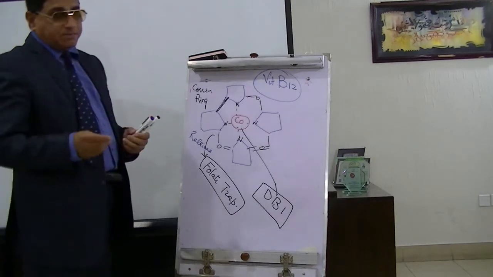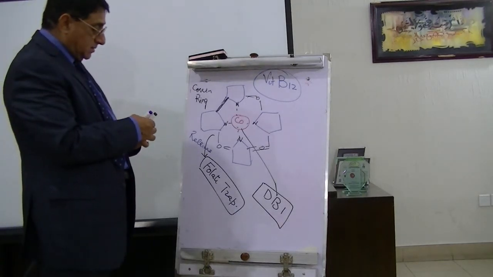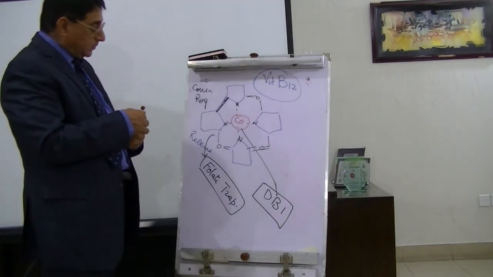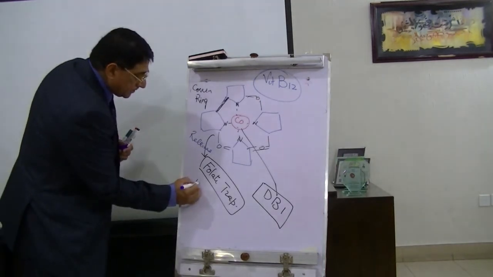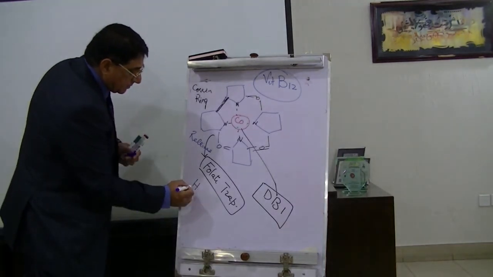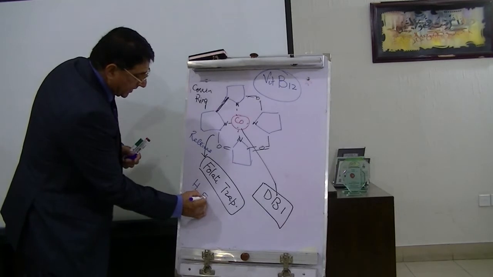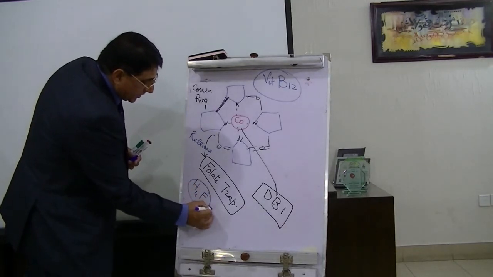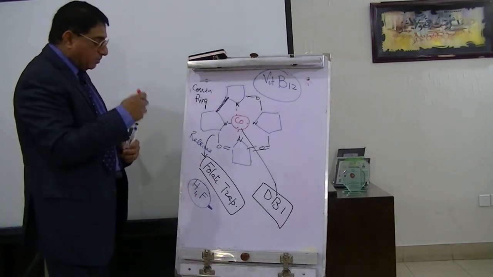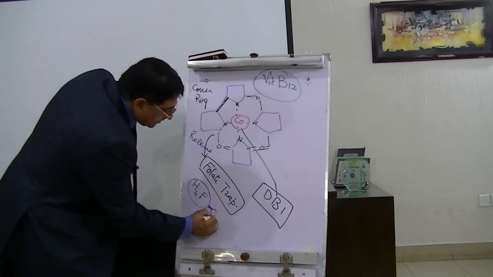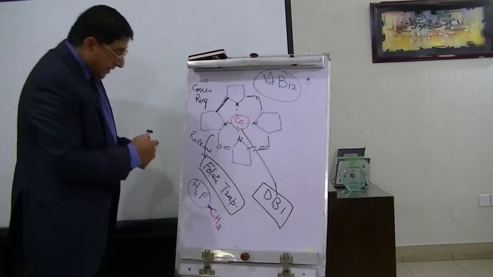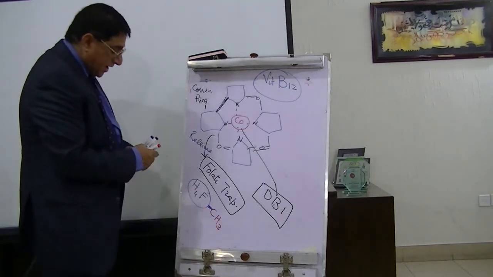Because once the folic acid is activated to tetrahydrofolate, it is trapped with a methyl group, N5-CH3, and this is called a folate trap.